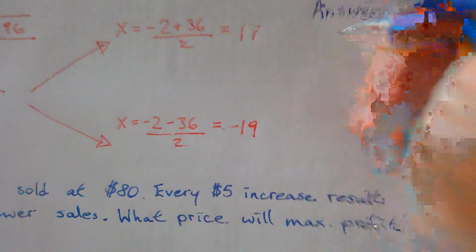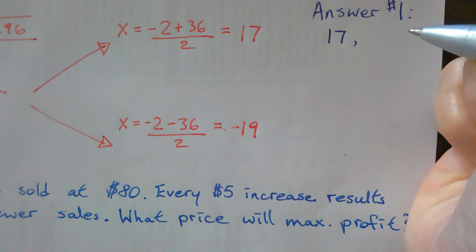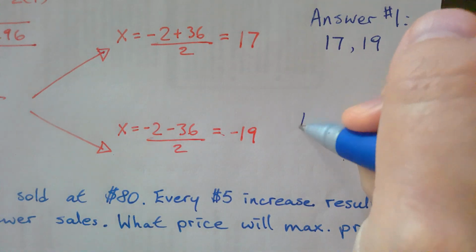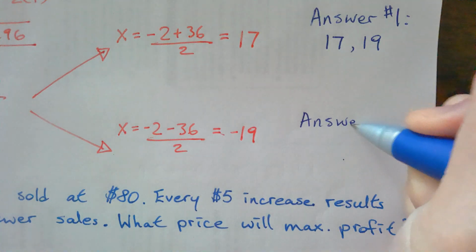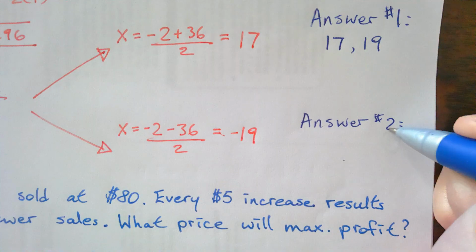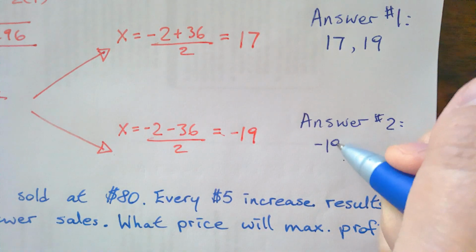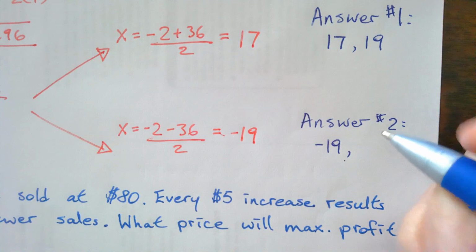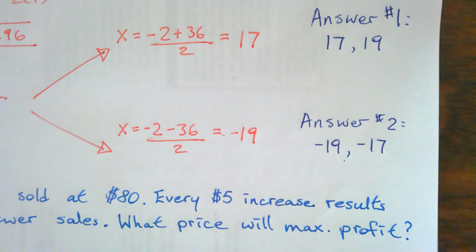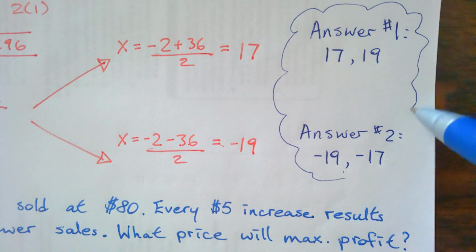So if 17 is my first number, what would my second number be? 19. Yeah. Okay. What is answer number 2? If one number is negative 19, the other one is negative 17, not negative 21, because you're adding 2, right? So there's my 2 answers.